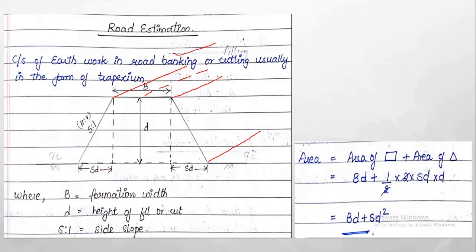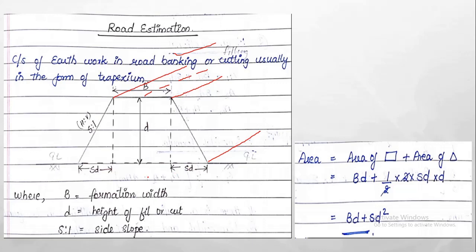It's already shown here. In this picture you can see that the depth of filling will be small d, and suppose the slope is s to 1, the horizontal distance will be sd, where d is the height, b is the top width of the section.